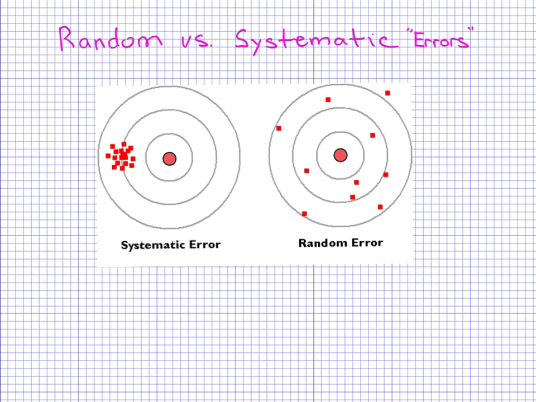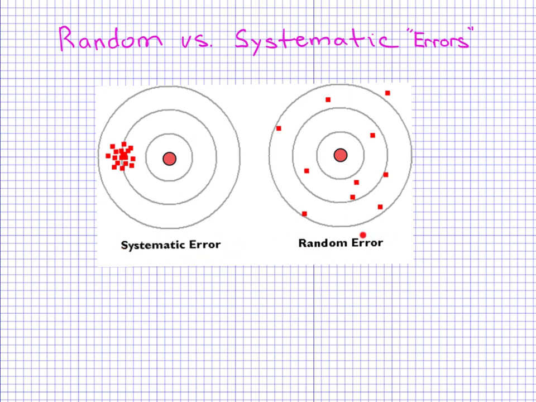But often identifying the source of systematic errors is a pretty tricky business. It's not always obvious where your systematic errors are arising from, and it's really an art that you develop as you learn to become an experimental scientist, to identify and try to minimize the effect of systematic errors.